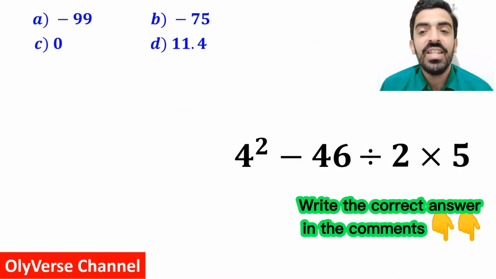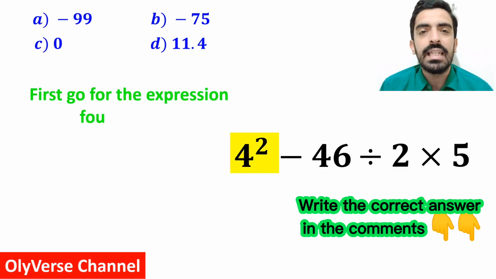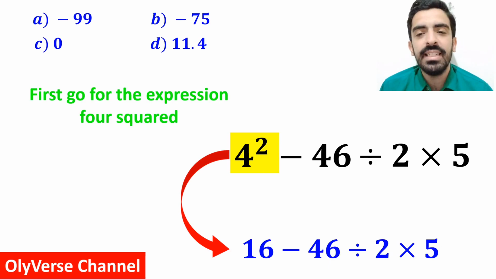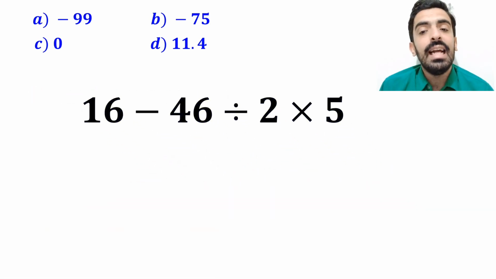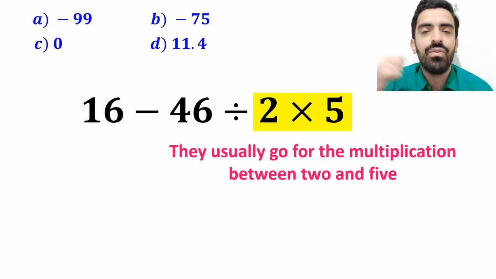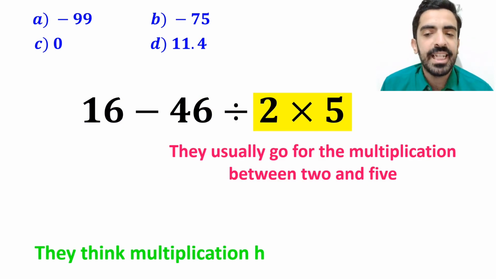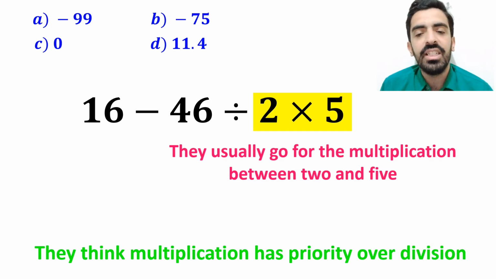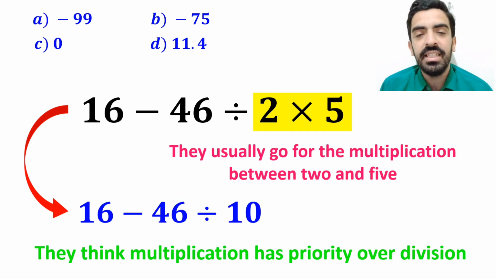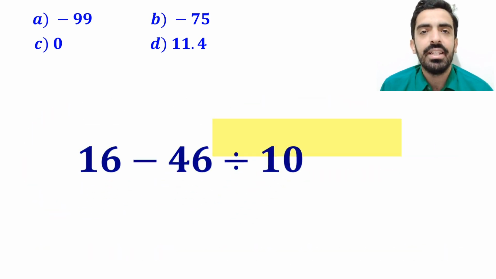Also, some other people when solving this question first go for the expression 4 squared, and they simplify it to 16 minus 46 divided by 2 multiplied by 5. And the next step, they usually go for the multiplication between 2 and 5 because they think multiplication has priority over division. So, they rewrite this expression as 16 minus 46 divided by 10.